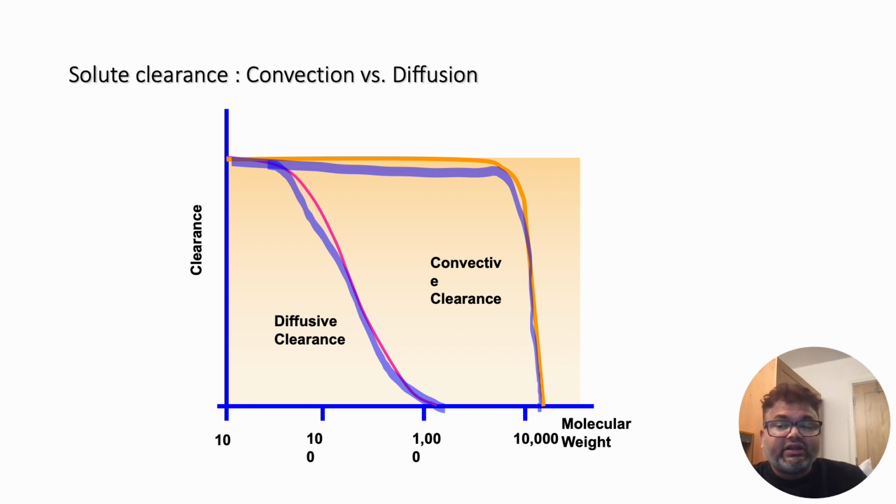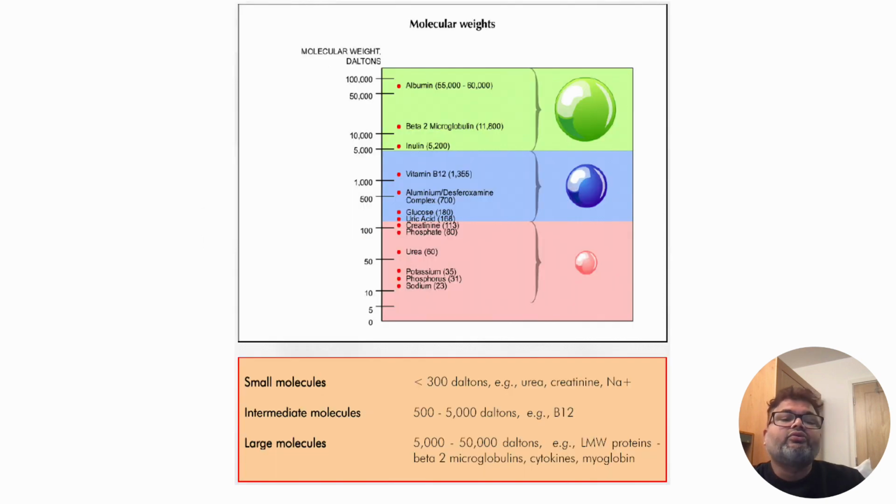So definitely convective clearance is more efficient, and you will find, in the case of lactate removal, that hemofiltration is more effective in removing lactate or this type of molecule from the body. This diagram just shows the cutoff point according to molecular size.